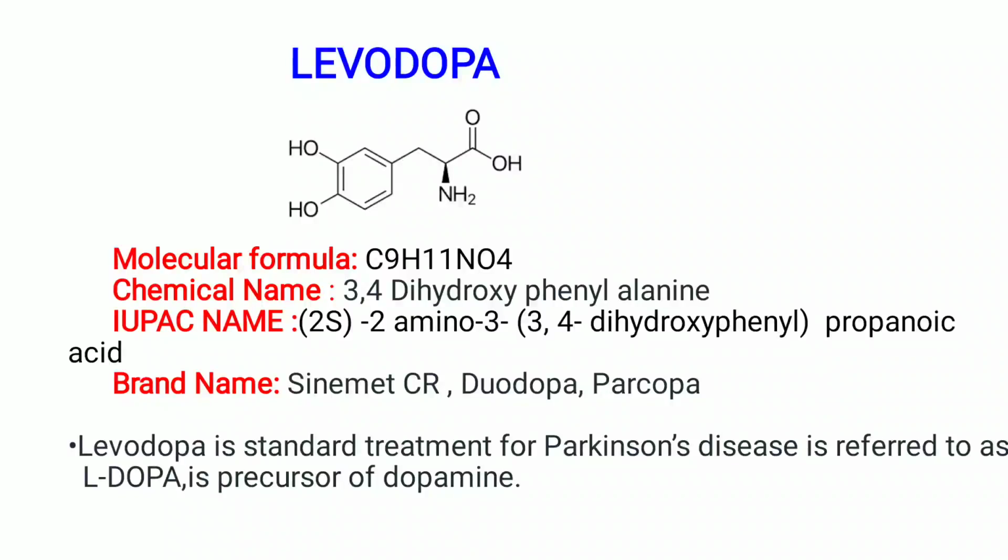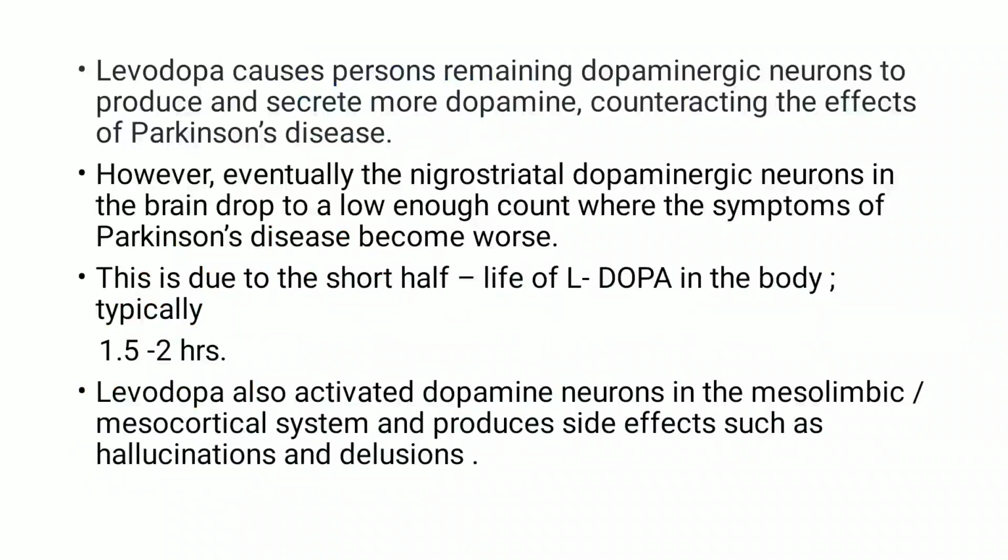LEVODOPA is the standard treatment for Parkinson's disease, referred to as L-DOPA, a precursor of dopamine. LEVODOPA causes the person's remaining dopaminergic neurons to produce and secrete more dopamine, counteracting the effect of Parkinson's disease. However, eventually the nigrostriatal dopaminergic neurons in the brain drop to a low enough count that the symptoms of Parkinson's disease become worse.